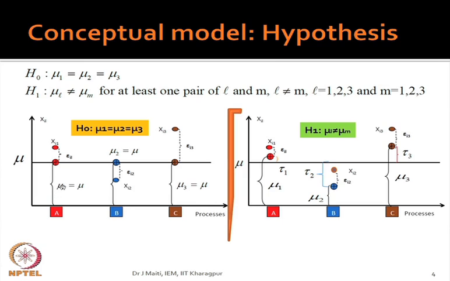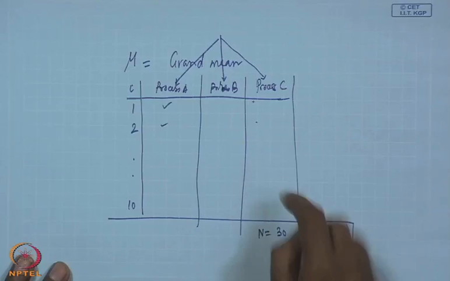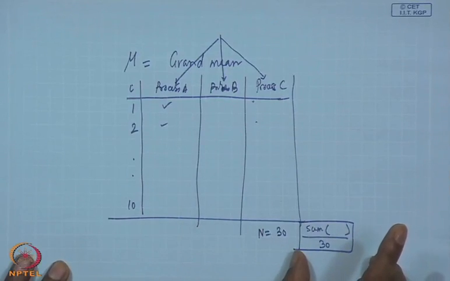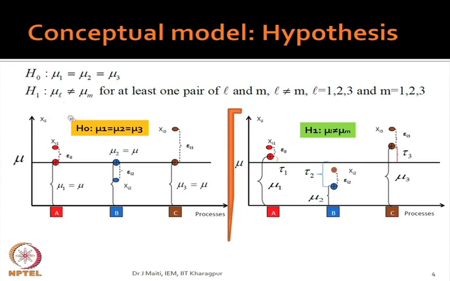Mu1 is the mean of process A, mu2 is the mean of process B, and mu3 is the mean of process C. When null hypothesis is true, that means mu1 equal to mu2 equal to mu3, then it will be equal to mu. Okay, because you are collecting 10 samples from each of the populations, and when null hypothesis is true, what will happen? You compute the process A mean, process B mean, process C mean, and the grand mean, and you will find that they are equal, because it is obvious.